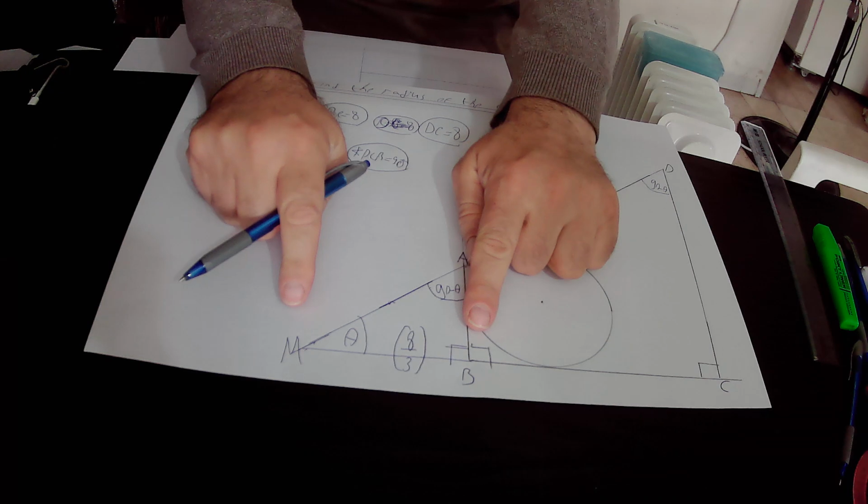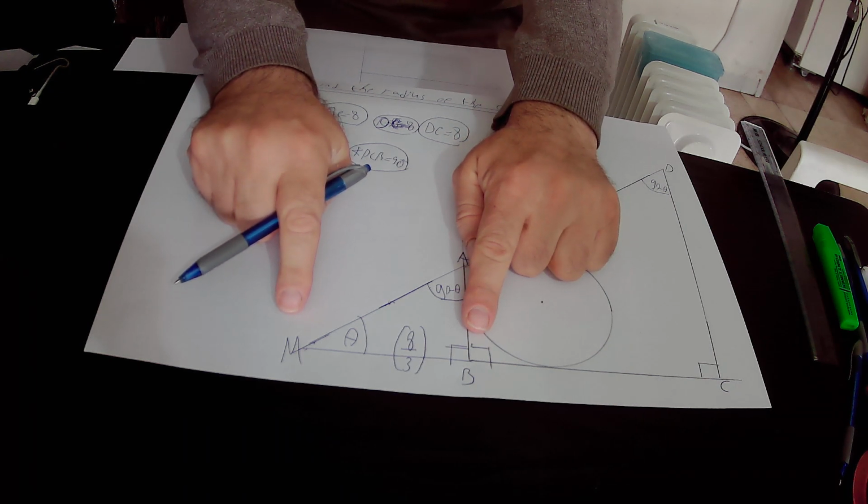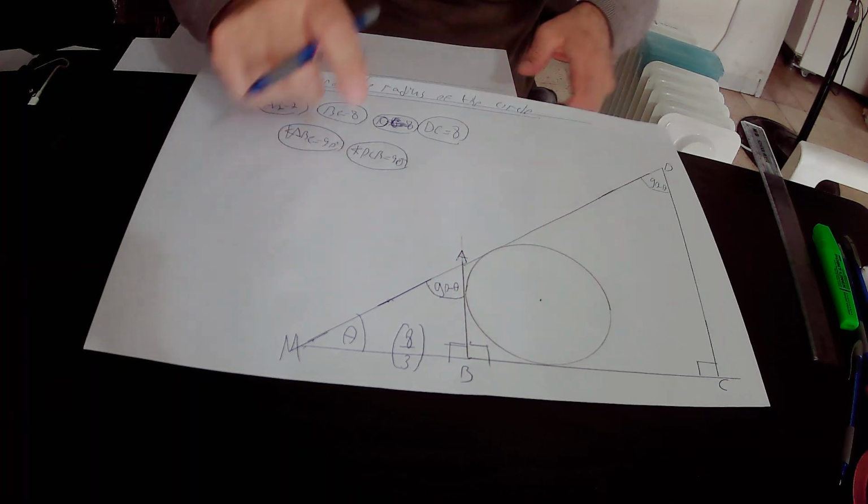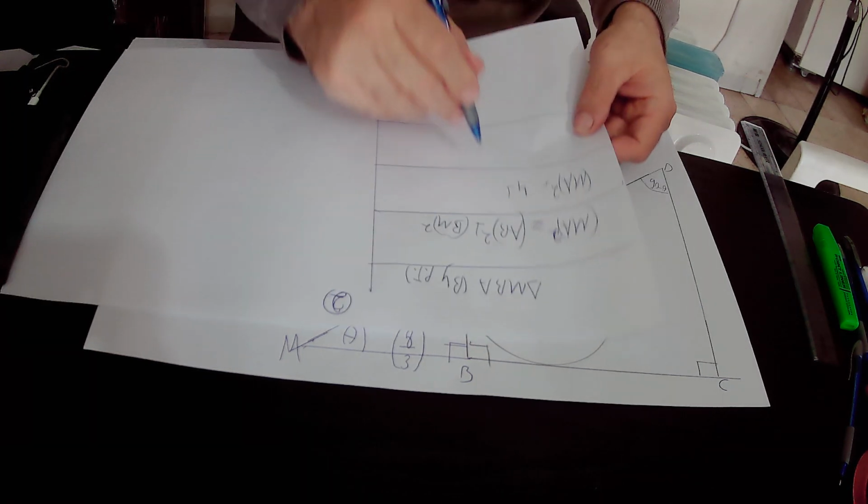We just found that BM equals 8 over 3, therefore BM squared is 8 over 3 squared. 8 over 3 squared equals 8 squared, that is 64, over 3 squared, that is 9. So in total, BM squared equals 64 over 9.